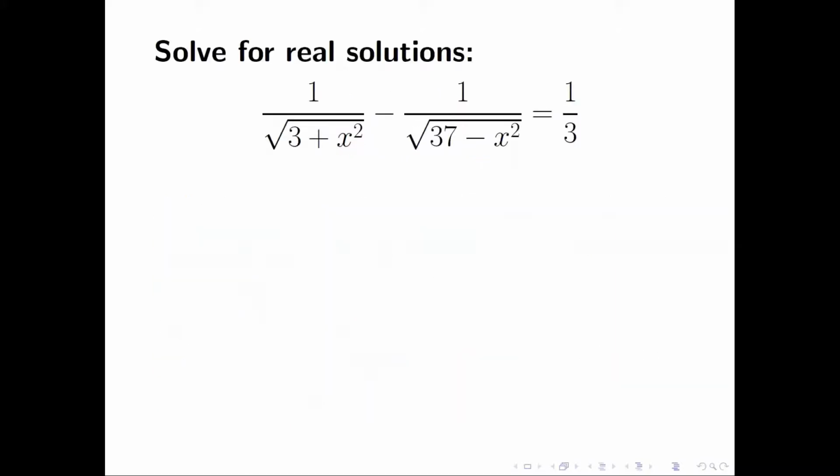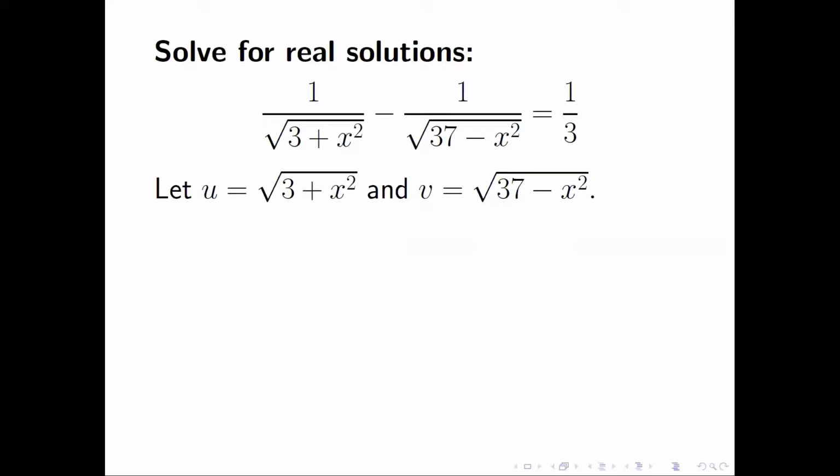The second equation. This equation has a couple of square roots in fractions. Again, let u equal the square root of 3 plus x squared, and v the square root of 37 minus x squared.